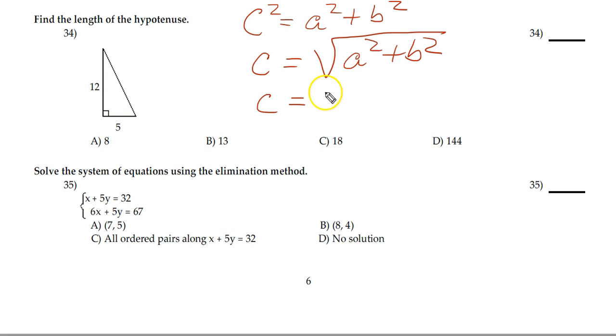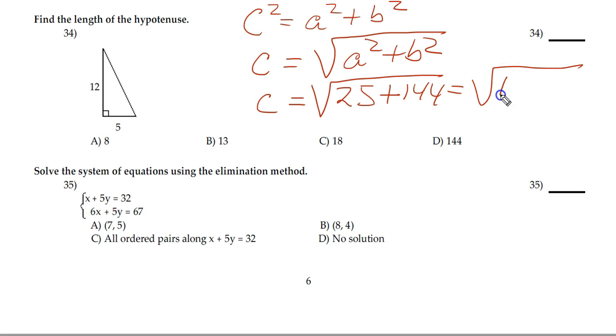A squared is going to be 25, 5 squared. 12 squared is 144, which gives you the square root of 169. And that's a perfect square, so c equals 13. That's what this side is. And this is one of the famous right triangles too, a 5, 12, 13.